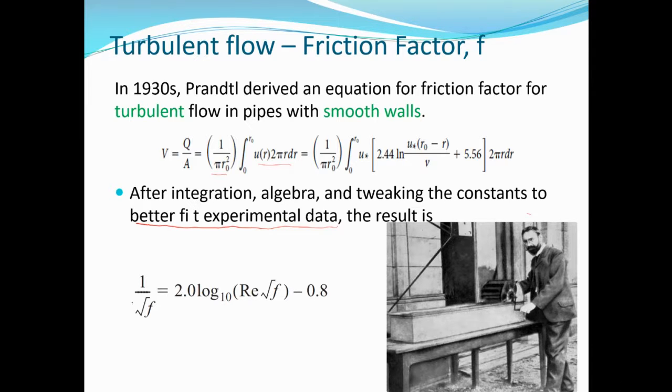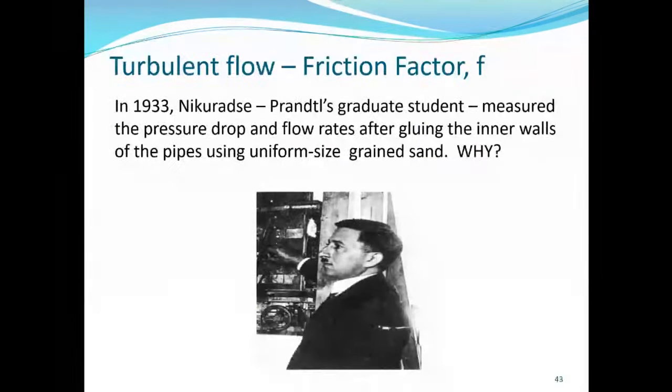So I have the friction factor, 1 over root F equals this. This is implicit because you have F here and F here. It's not an explicit equation.